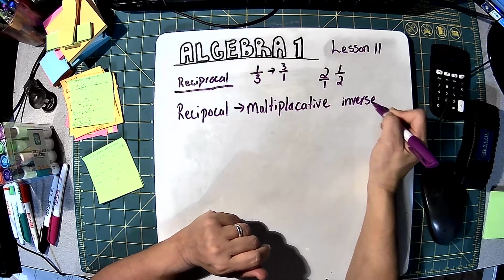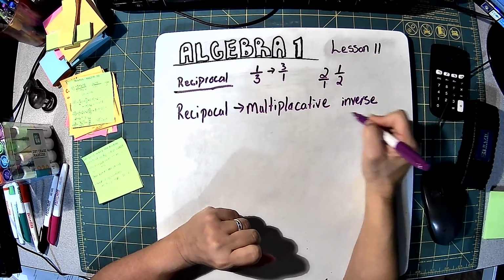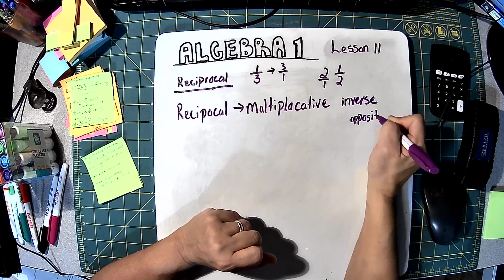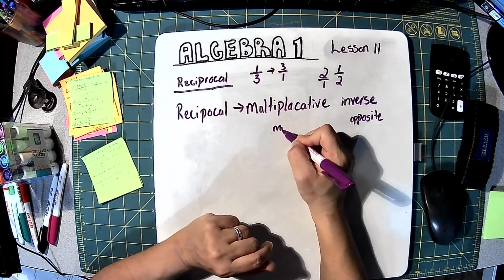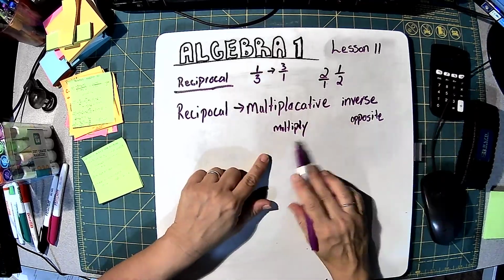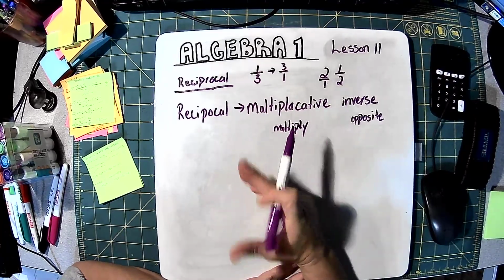And we talked about additive inverse. This is kind of like that. So inverse means the opposite of, and multiplicative means multiply. So we're doing the opposite of multiplying. We're dividing. Flipping a fraction is how you divide.